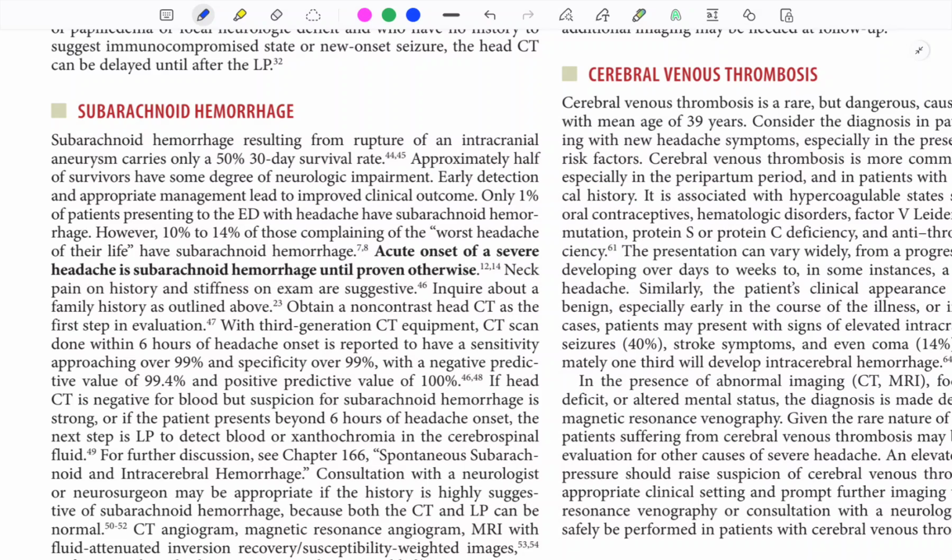Then there are other causes like subdural hematoma, ICH, brain tumor, cerebral venous thrombosis, posterior reversible encephalopathy syndrome. Patients with PRES can present with severe headache, vision changes, seizure, and NCAF in the setting of marked BP elevation. Usually a rapidly developing hypertension in a previously normal person.